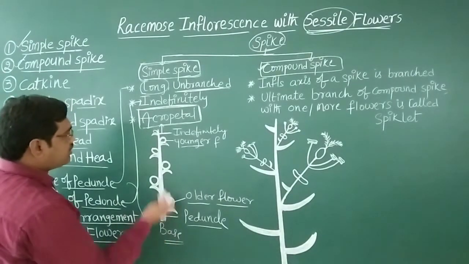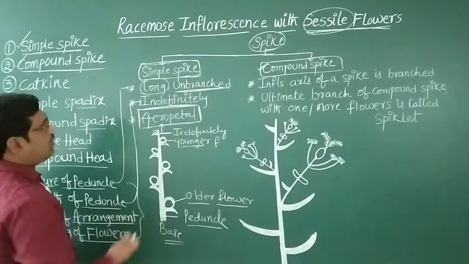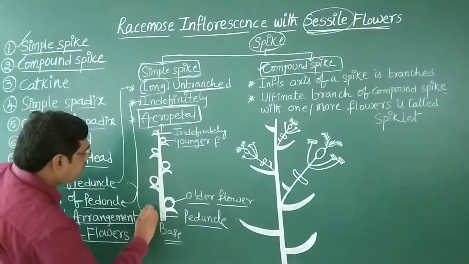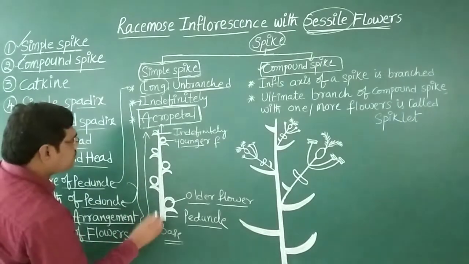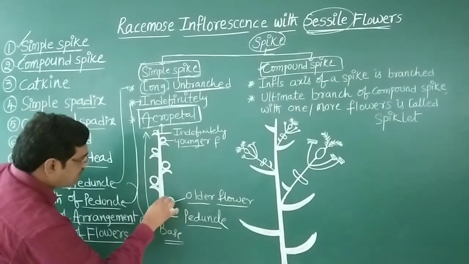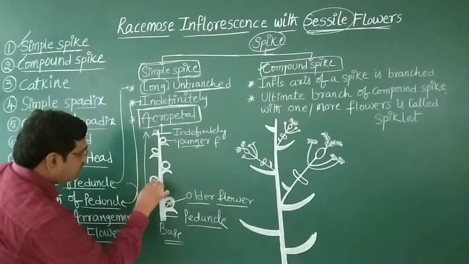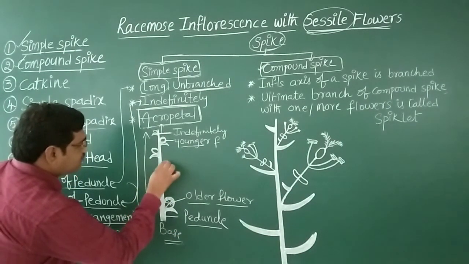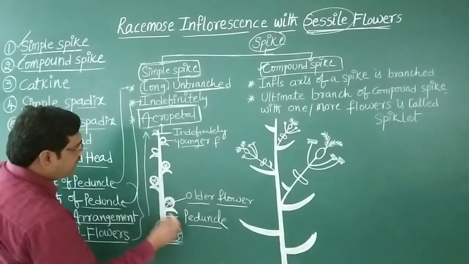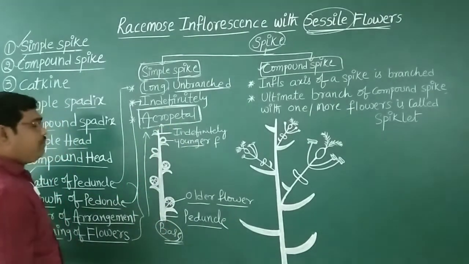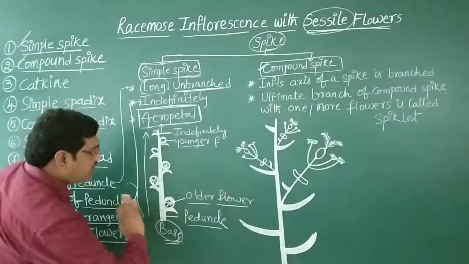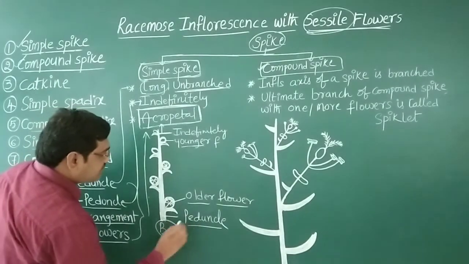What is the opening of the flowers? The flowers open from the base to the top of the peduncle. First this flower opens, then this flower opens, then this one. Like this, the flowers open from the base of the peduncle to the top. Here, each flower has no stalk-like structure.